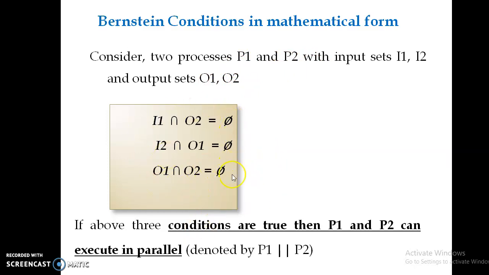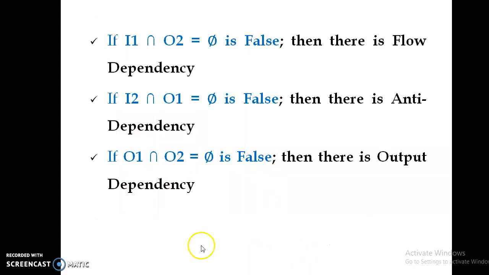If these three conditions are true, then P1 and P2 can execute in parallel, which is denoted by the parallel sign, like P1 parallel P2. And if these conditions are false, then there is a dependency between those processes and the two processes can't execute in parallel.